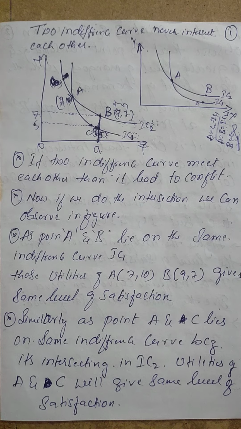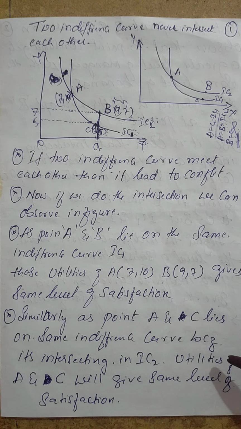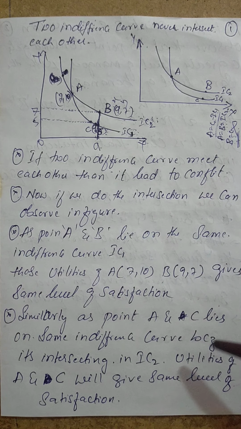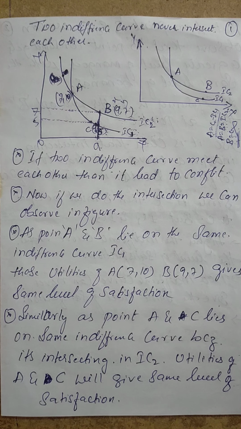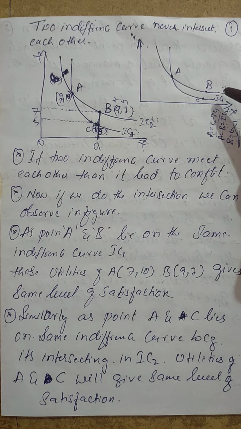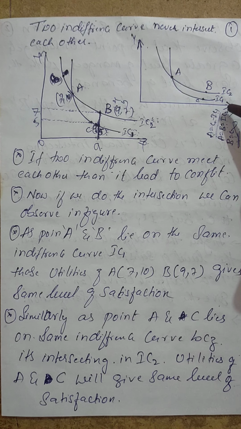Similarly, points A and C lie on the same indifference curve and give the same level of satisfaction. A and B also give the same level, but B and C should not give the same level of satisfaction. Why? Because B is on IC2 and C is on IC1.